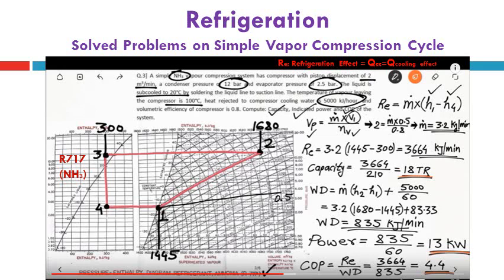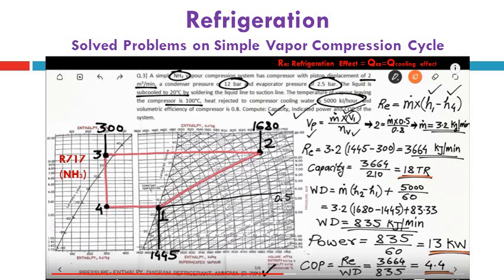mass flow rate using the displacement volume: Vp equals m dot refrigerant multiplying by the specific volume at state 1, divided by eta volumetric, which has been given. So from this equation we can get m dot refrigerant, which equals 3.2 kilogram per minute, where the volumetric efficiency and specific volume have been given, and the piston displacement is given as 2 meter cube per minute.